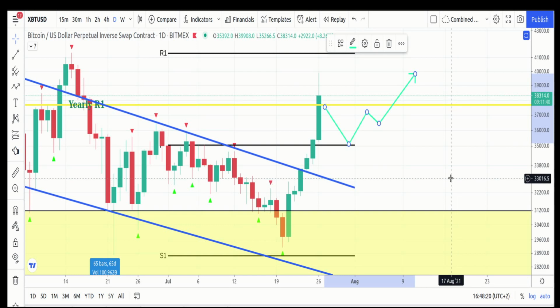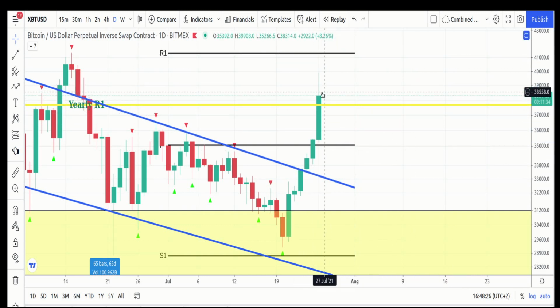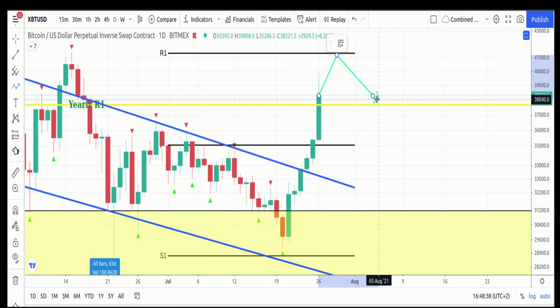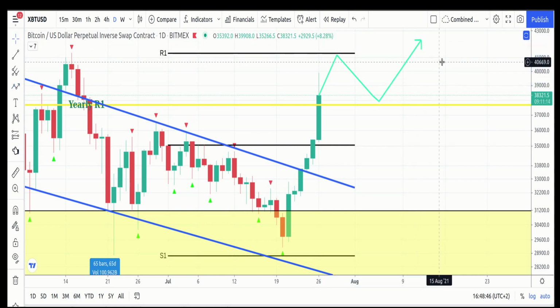But maybe today is just enough and we will see price continuing to do something in terms of this, maybe reaching out to the monthly R1, maybe testing once again the yearly R1 and continuing to go further on.